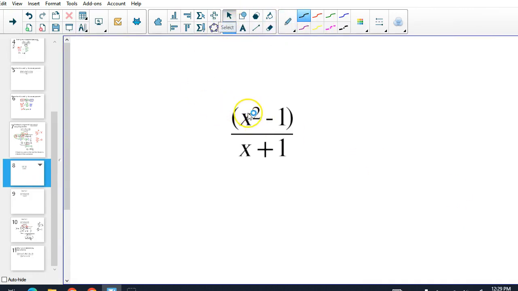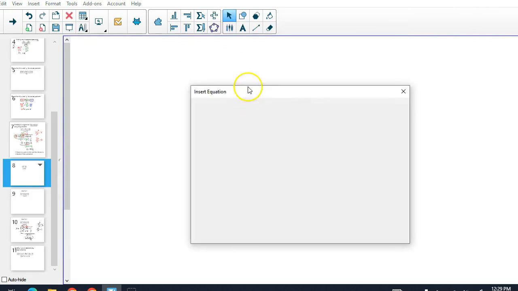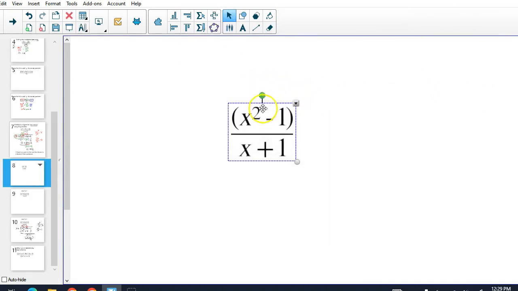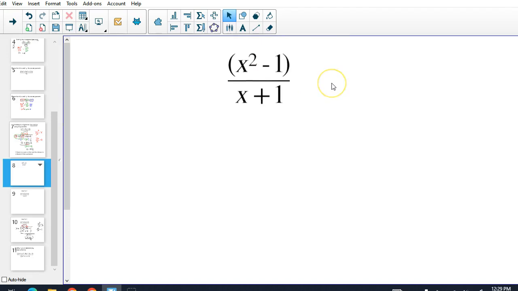Now, let's pick this example specifically. We picked this example specifically because if you notice in our last examples, we had x squared, x, and then a number. In this one, we don't have any number in between.